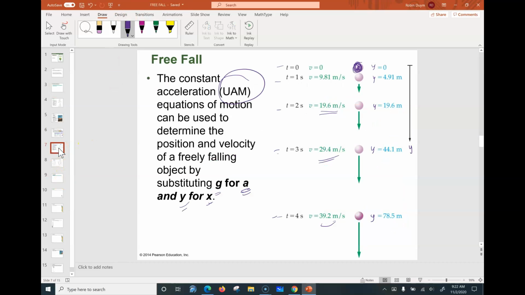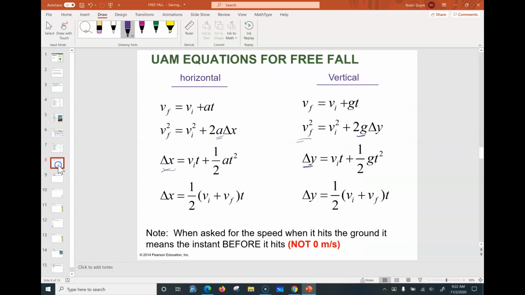All right, so we can use our UAM equations, and the only things we're going to do is substitute in negative little g for a, and then for x we're going to use y. Okay, so you might want to take a screenshot of this.